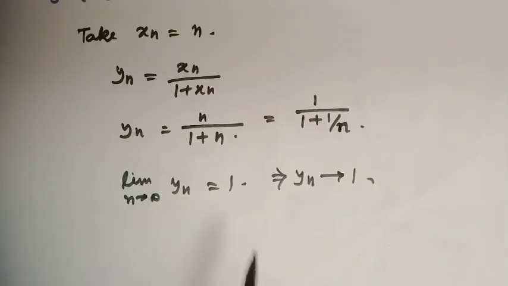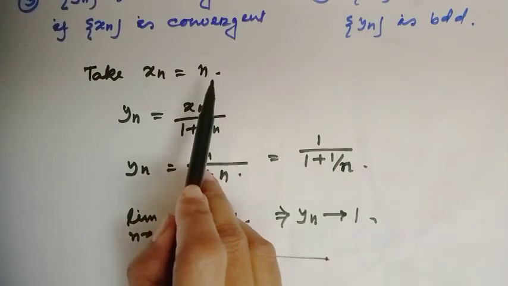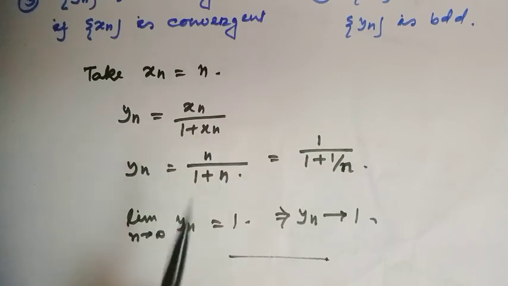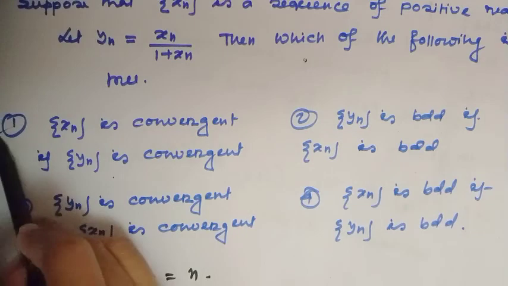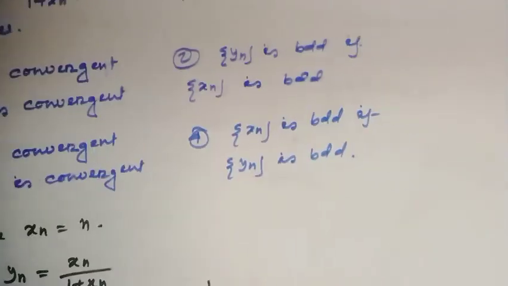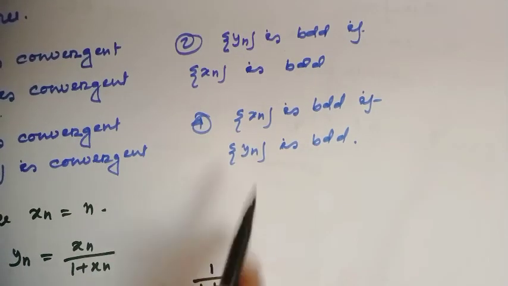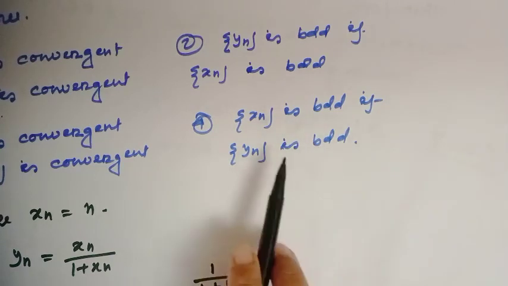Here yn is convergent, but xn equal to n is not convergent. So option 1 is the wrong option. Are you getting my point? Okay. This example will be used in the fourth option. Here it says xn is bounded if yn is bounded.